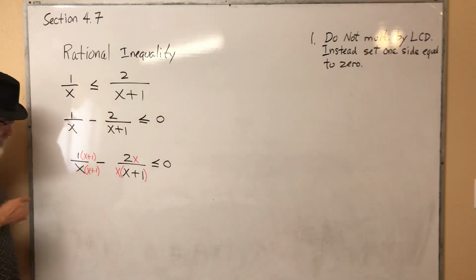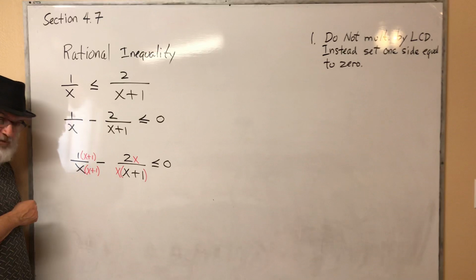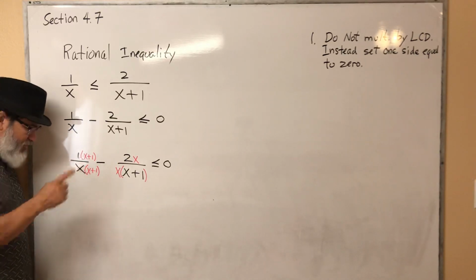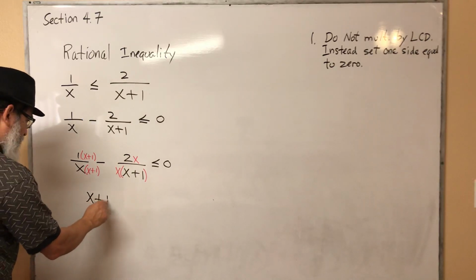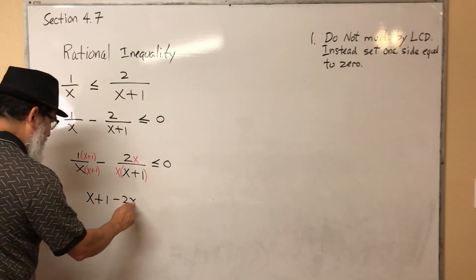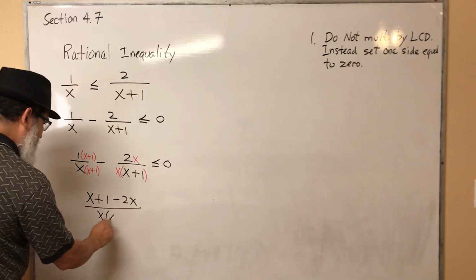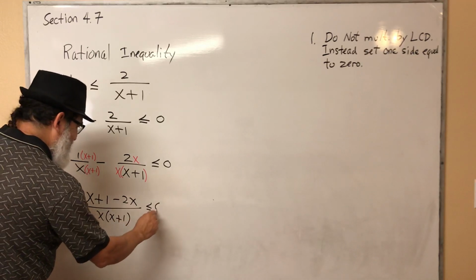Watch this. 1 times x plus 1 is x plus 1. Minus 2x. You see this? Let me write that down. This is x plus 1 minus 2x all over x times x plus 1 less than or equal to 0.